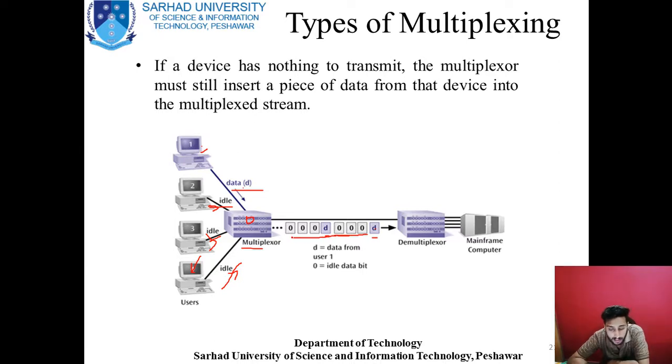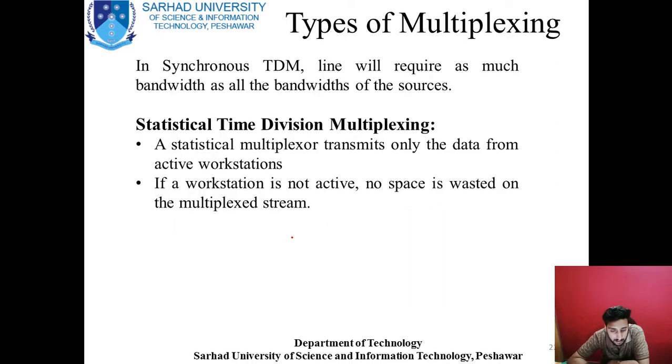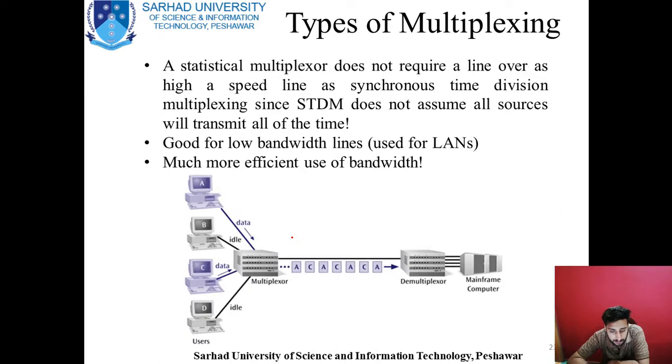So for that reason, another technique has been developed, known as statistical time division multiplexing. And what does this do basically? In this technique, the multiplexer will judge which system is idle and which system wants to transmit data, and according to that judgment, it will allocate time slots. You can see that in this case, users A and C are active, and B and D are idle or powered off.